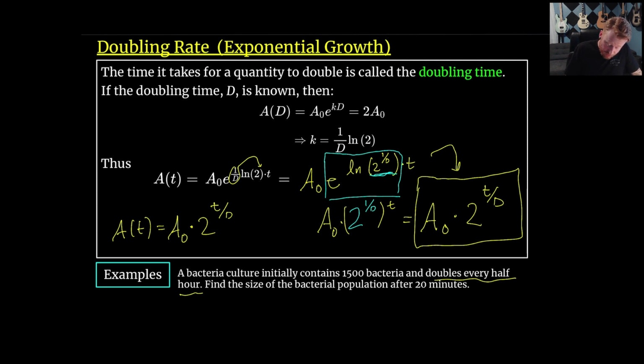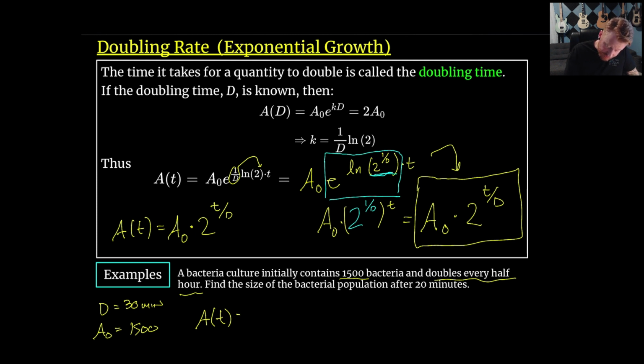We're being told in this problem, like I said, that d in this case is going to be 30 minutes. So we know that every half hour, every 30 minutes, this culture will double, and we know that the initial amount is 1,500. And now we can use our new formula. Oh, I'm sorry, let me go back.